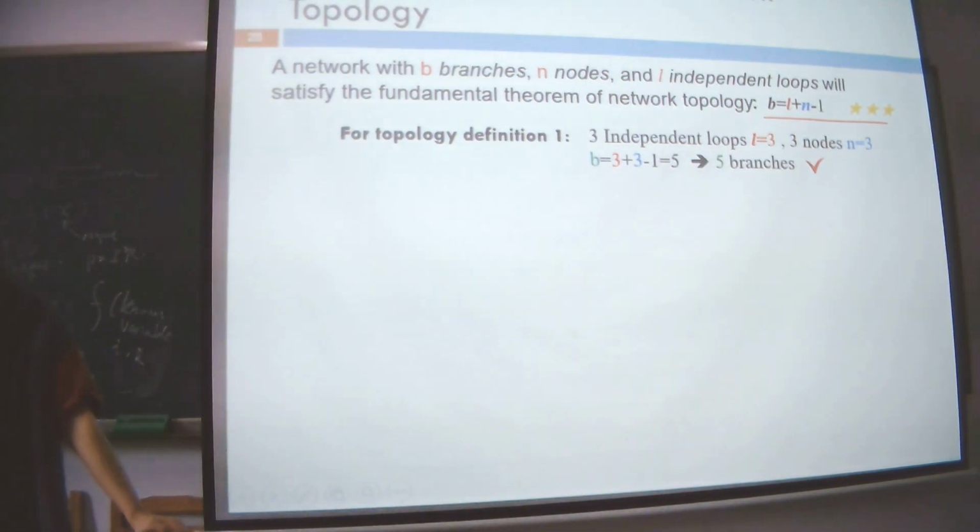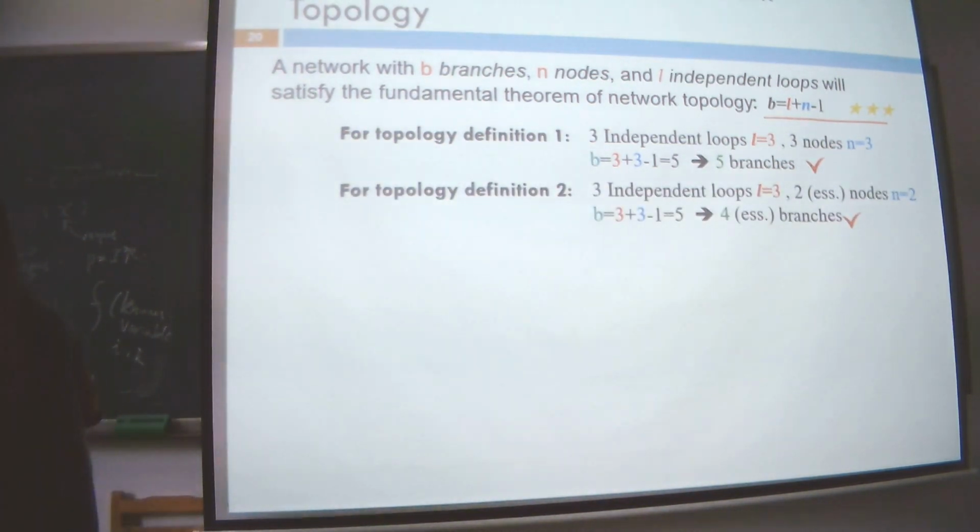For topology definition 1, in this book, we have 3 independent loops, so L equals 3, right? We have 3 nodes, so N equals 3. So we can calculate B as 3 plus 3 minus 1, so we get 5 branches. This matches the result of 5. For topology definition 2, we have 3 independent loops, so L is 3 as well.